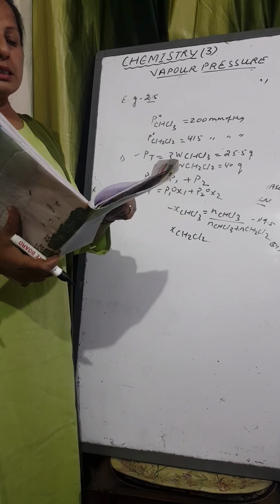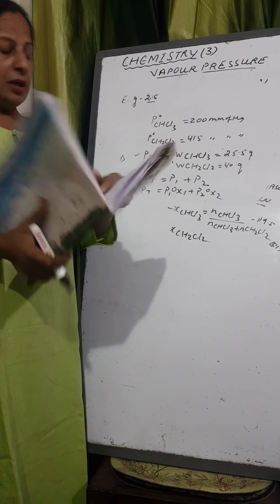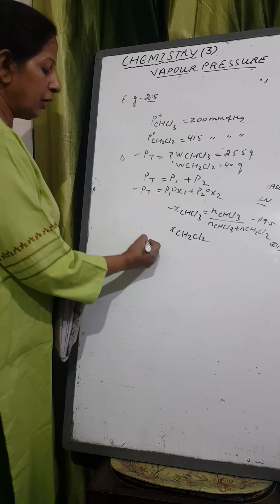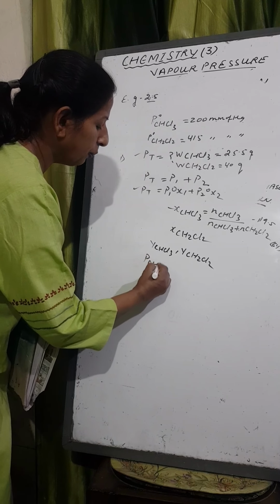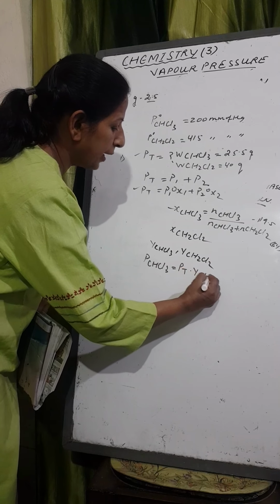Okay. Then the second part says mole fraction of each component in vapor phase, that is you have to find out Y chloroform and you have to find out Y CH2Cl2. Now you know that P chloroform equals P total into Y chloroform.